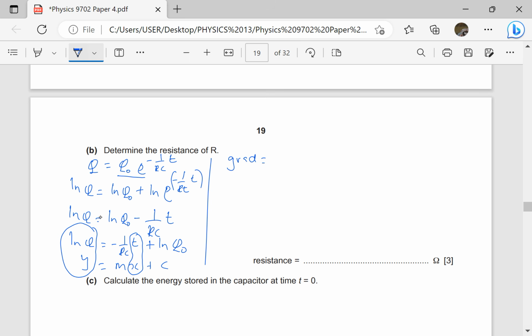Okay, the pen is back. So the gradient is -1 over RC. Sorry for the pen, it had jammed.